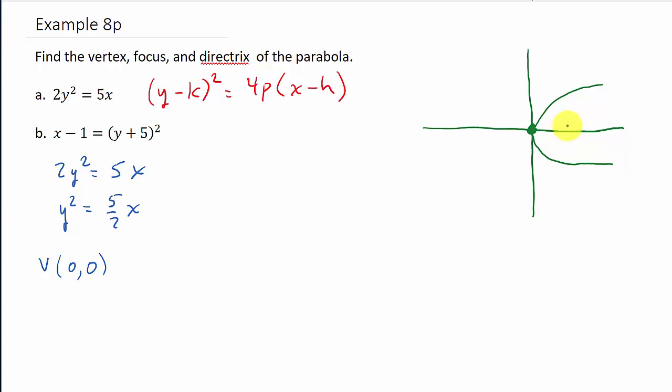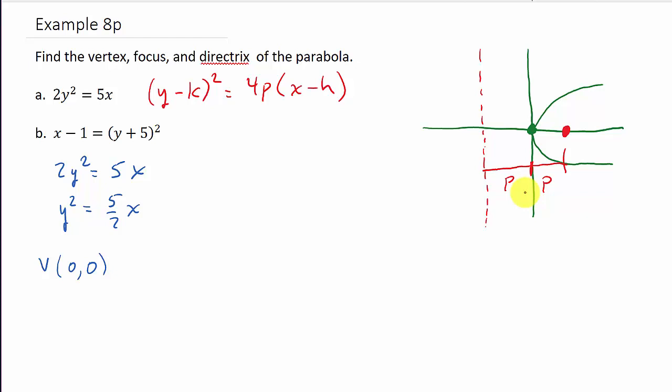We know the focus is here, and the directrix is a vertical line back here. And both of these distances are p: the distance from the vertex to the focus, and the distance from the vertex to the directrix, they're each p.